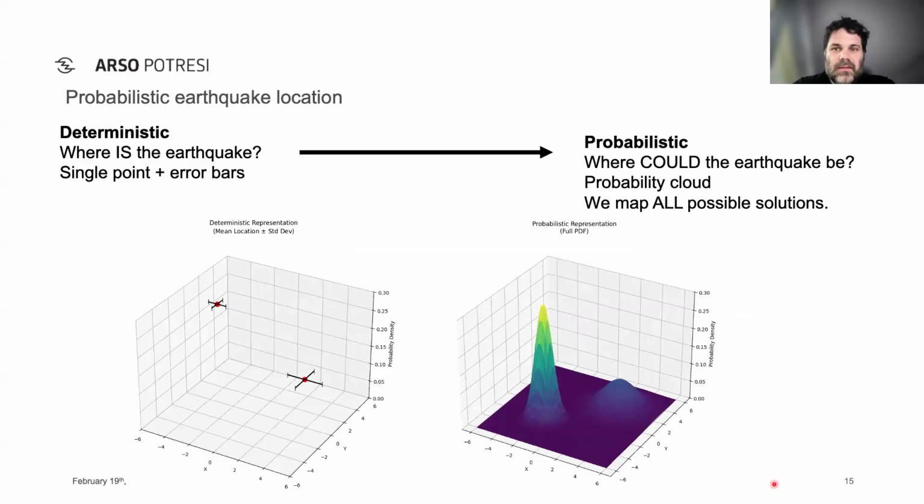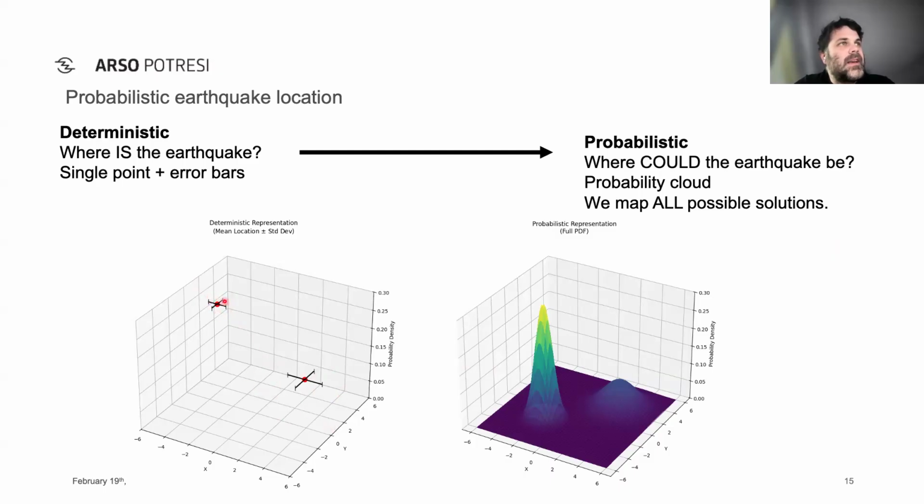So we can explore this in a deterministic or a probabilistic way, and of course today, the probabilistic way is really the only way that we can report earthquakes. The deterministic approach will say, okay, where is the earthquake? And the probabilistic way asks, where could the earthquake be? In the deterministic way, we only get a point. These are two events somewhere in space, and we report their location and their error bars.